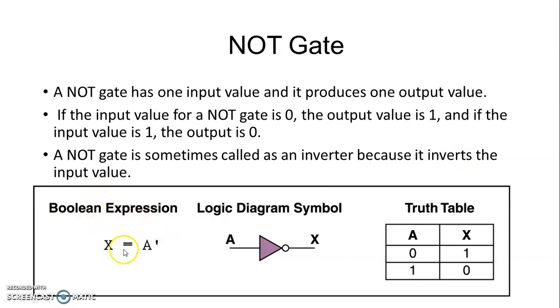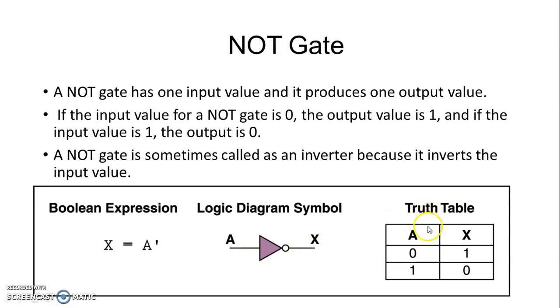Here is the Boolean expression for NOT gate, which is x equal to a prime. Here x is output and a is the input. In some textbooks, prime means bar. Logic diagram symbol for NOT gate is a as input and x is mentioned as output.